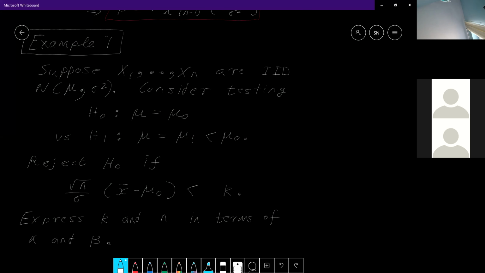So you're given alpha, remember alpha is the type 1 error and beta is the type 2 error. And the question is to find expressions for k and n, the sample size, in terms of alpha and beta. So I would like you to think about this before the lecture next week, which is on Tuesday, and see if you can try to do it by yourself.